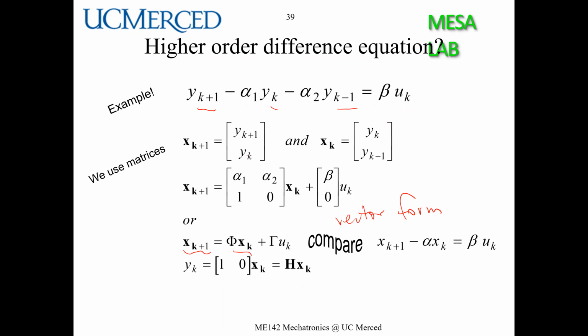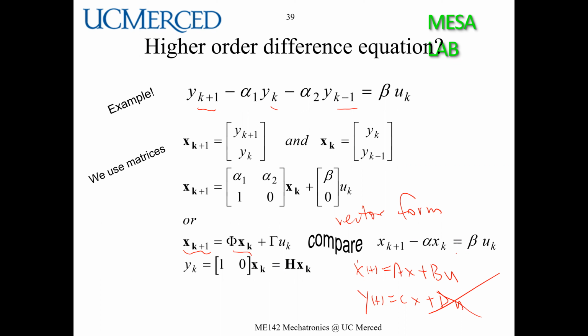So here x k vector is this, and then you can write the familiar format. This is like the state space equation we wrote, x dot is Ax plus Bu, and y is Cx plus Du. But in reality, the Du term is usually 0.